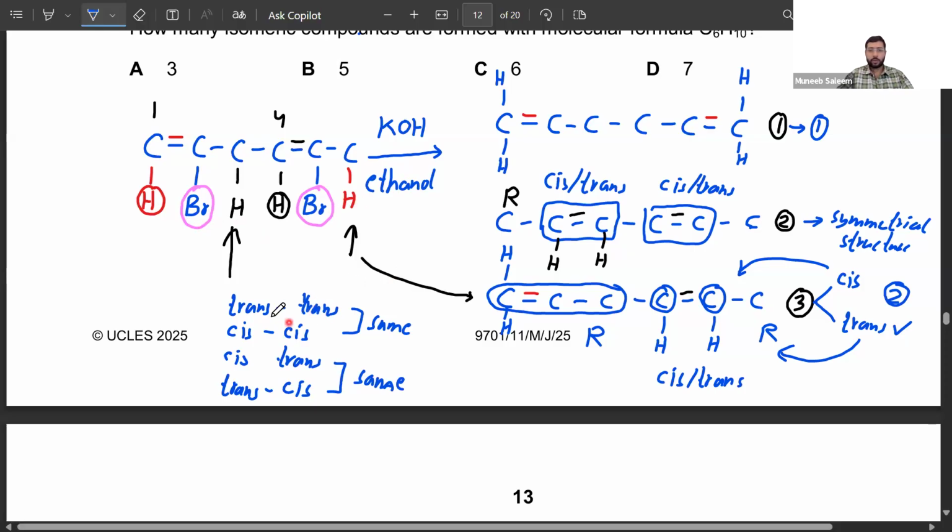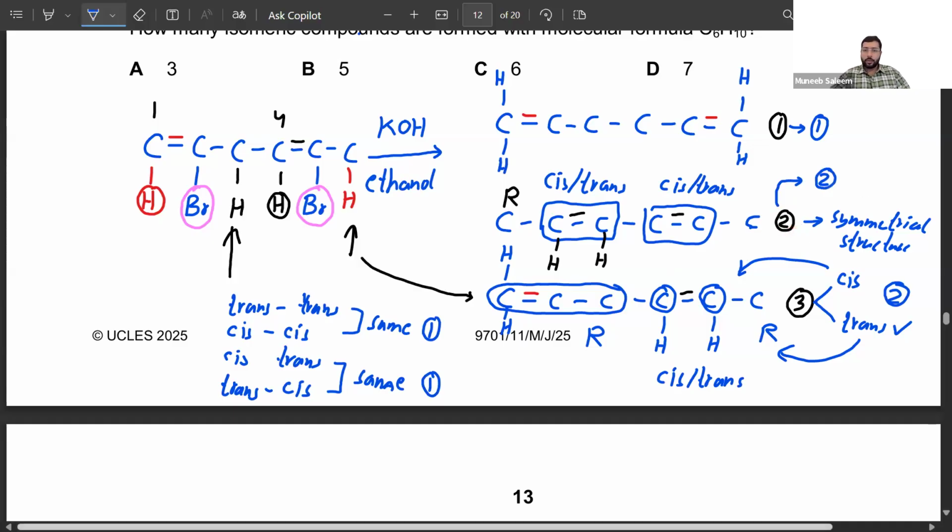Now, similarly, if you try to draw the structure having two double covalent bonds within the same structure, you have such a situation in which trans-trans will be similar to cis-cis and cis-trans will be similar to trans-cis. So that's why I will only consider one isomer coming from here and another isomer coming from here. So one each. So from the second compound, I will write that I have two more isomers from here, these two.